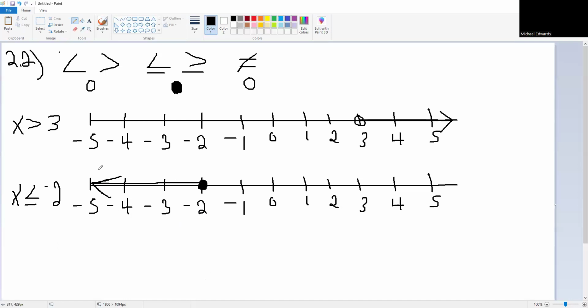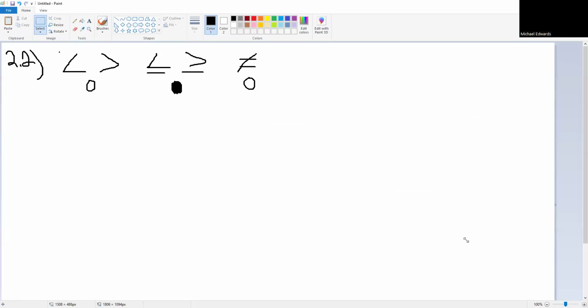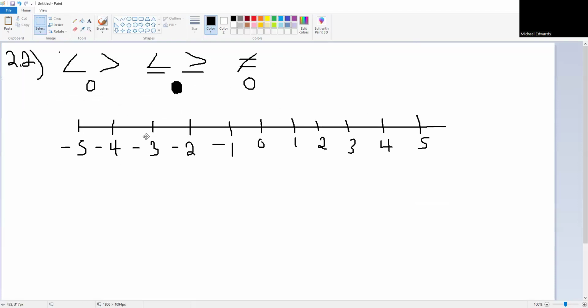All right. So these are singular inequalities. Now we're going to do compound linear inequalities. I'll leave that up there as a reference. Compound inequalities are not as complicated as they sound.